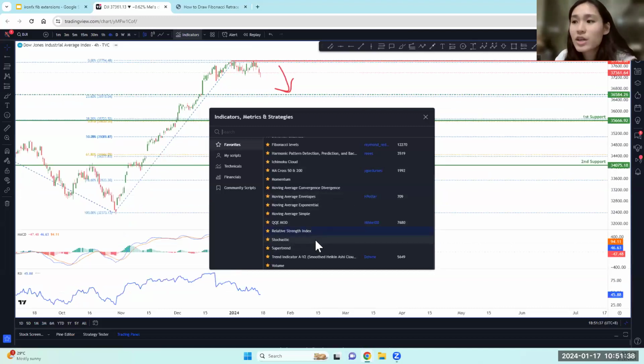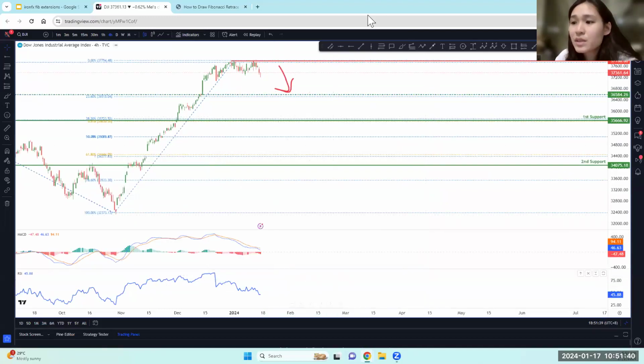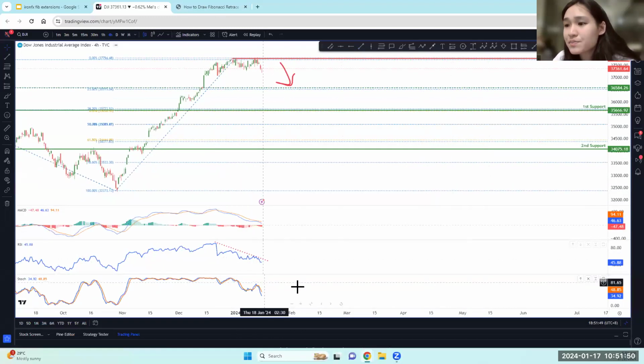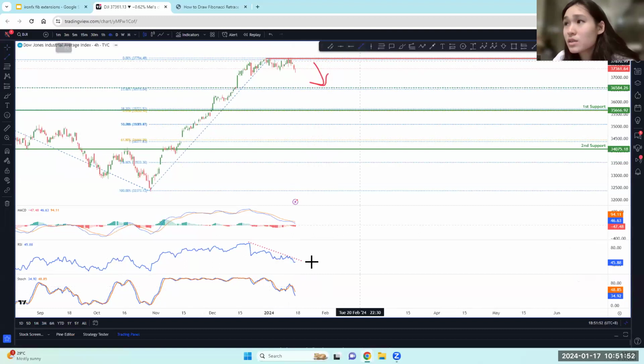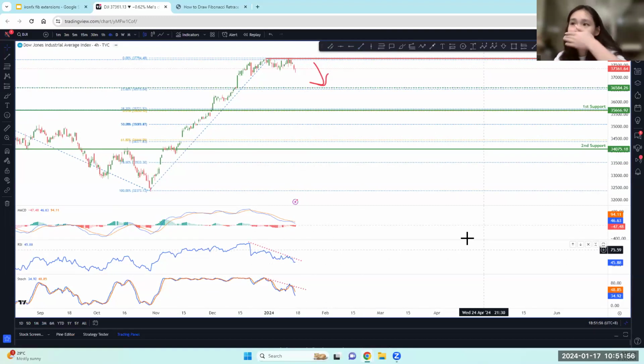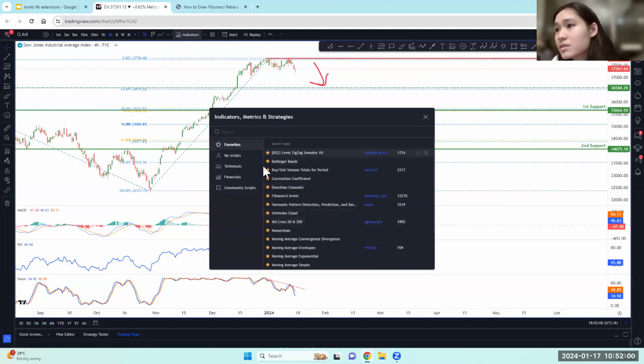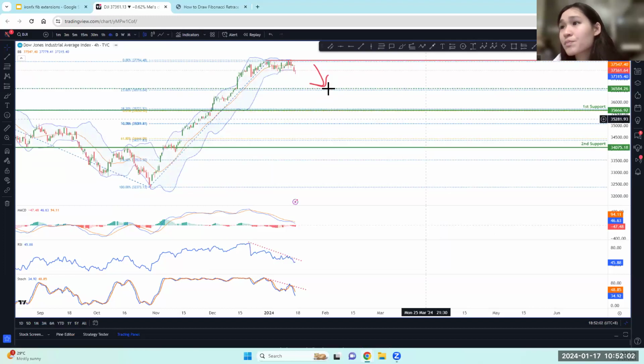Let's look at RSI and stochastic. RSI, you can see a very obvious downtrend, so it also supports my analysis. Stochastic as well. Let's look at maybe Bollinger Bands.